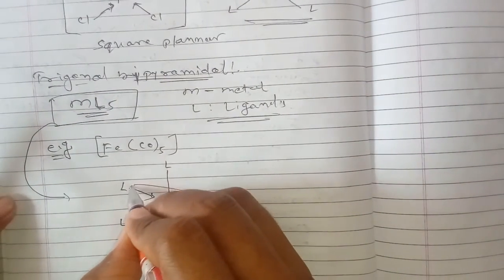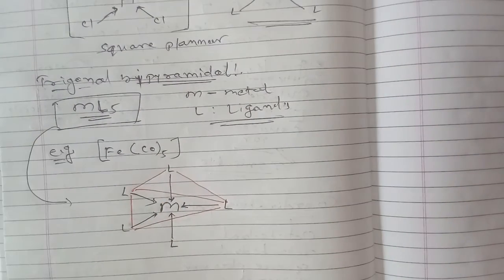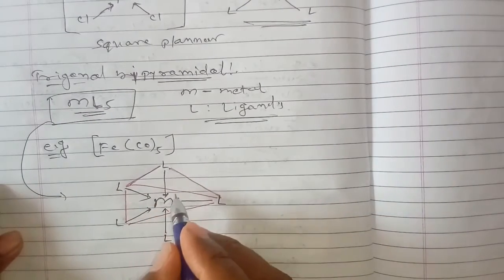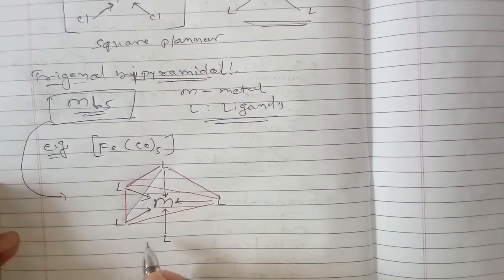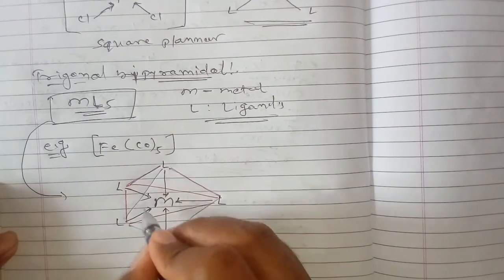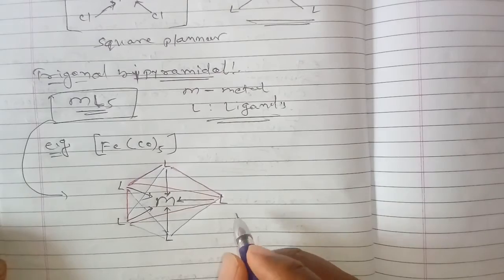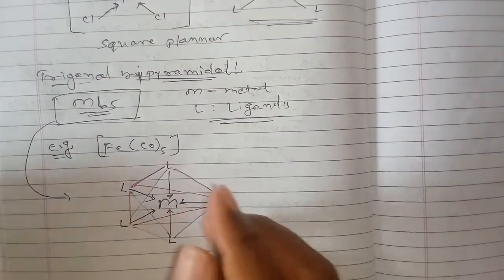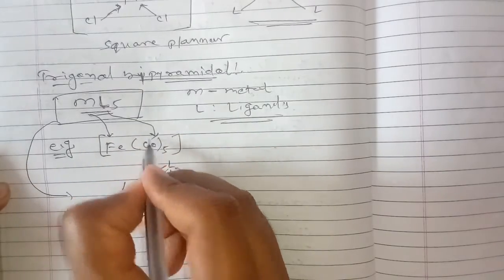Here these ligands, 1, 2, 3, these ligands which is 1, 2 and 3. It is trigonal bipyramidal, and here M stands for Fe and 5 ligands stands for carbonyl.